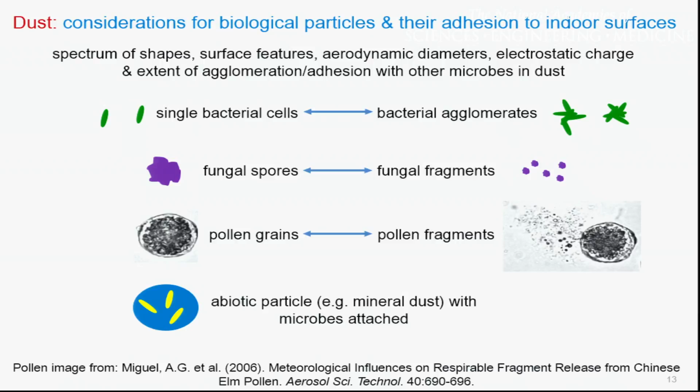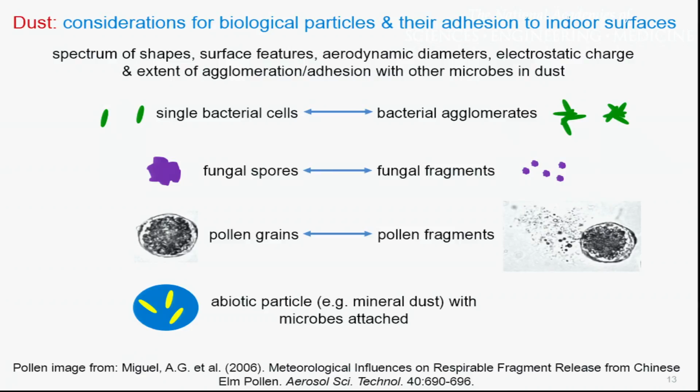For example, we may have single bacterial cells in the dust, as well as agglomerates of these cells. These may be 3 to 5 microns, whereas a single cell could be about a micron in size. We may also have fungal spores and pollen grains, as well as fragments of those, which can be much smaller, for example, on the order of 500 nanometers or so.